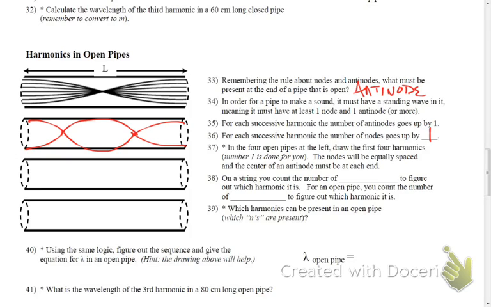I now need to have 4 nodes, which is basically 2 ups, 2 downs. And now I'm going to add one more node to this. So in the middle, I'm going to have 3.